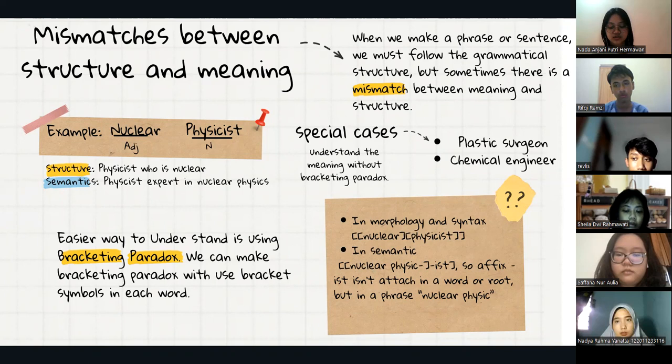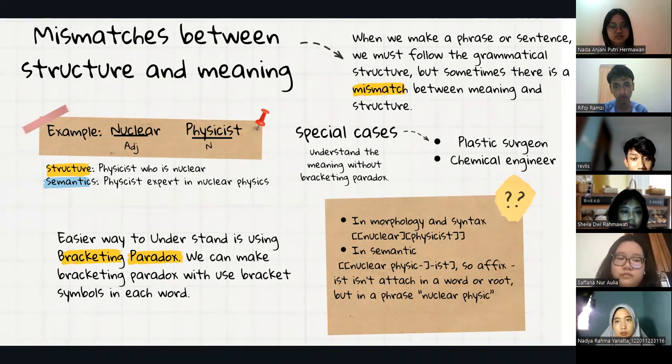We can make a bracketing paradox with the use of bracket symbols in each word. In morphology and syntax, for example, it's nuclear and physicist. The nuclear and physicist are separated. In semantics, there are nuclear physics and ist separated. So the affix ist isn't attached to a word or root, but to the phrase nuclear physics.